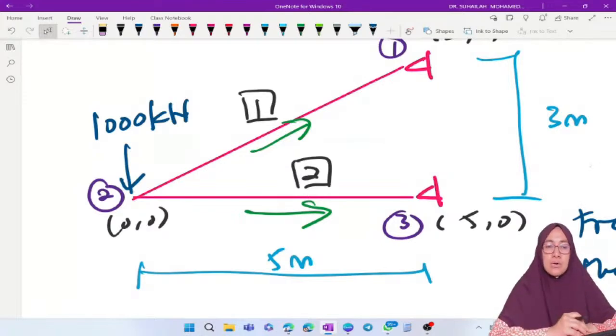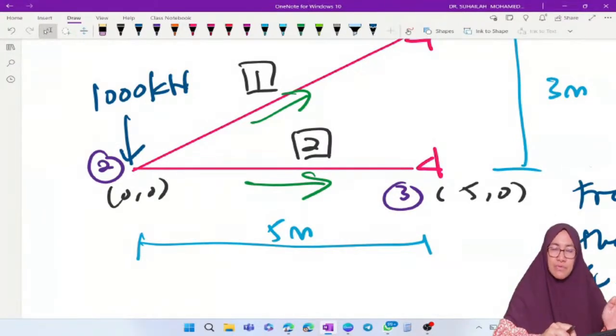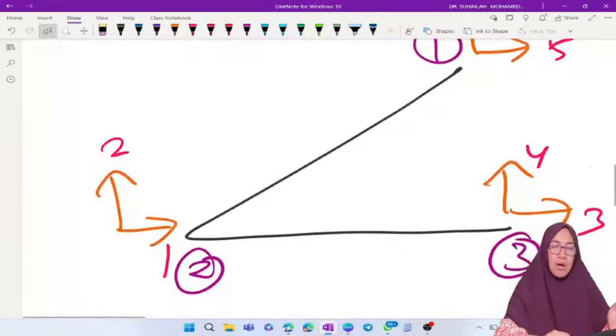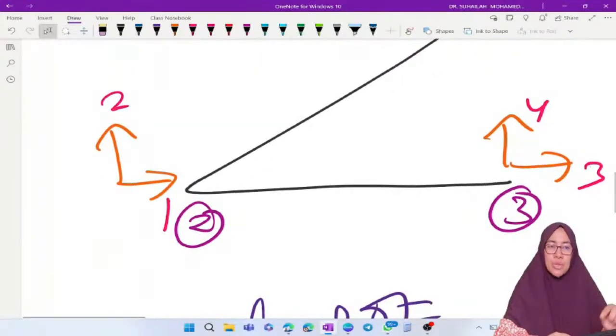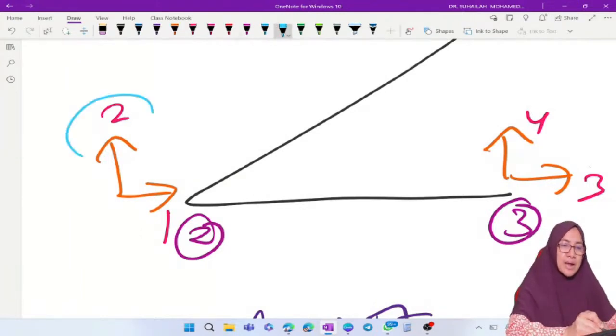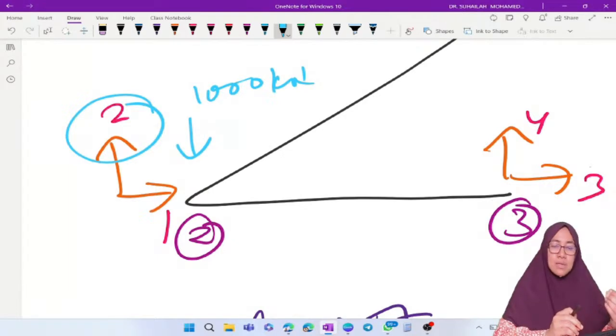It depends on how we label the diagram. At node number 2, there is a vertical force downward of 1000 kilonewton, and based on the degree of freedom at node number 2 in the vertical direction, it is Q2. Since it is opposite to the direction of Q2, it is negative.